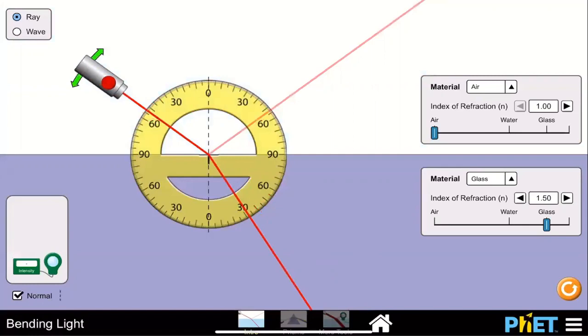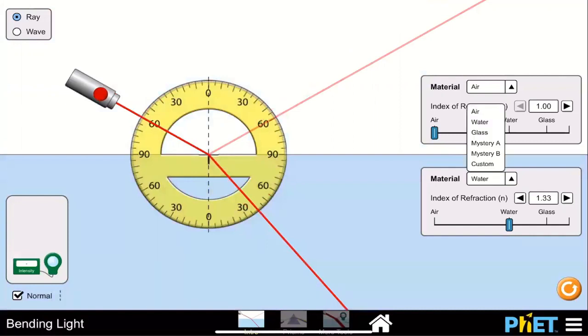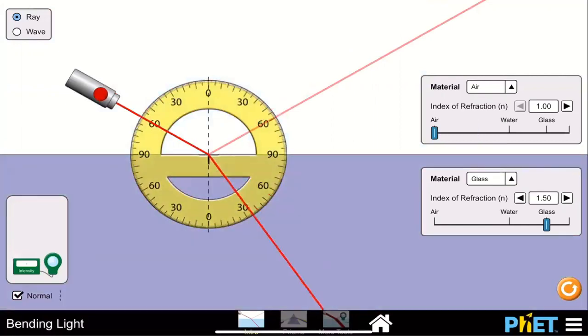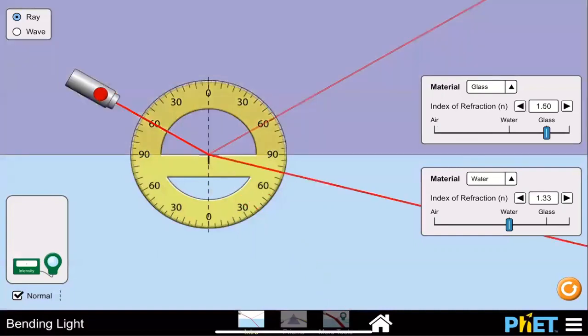I hope you have noticed what happened to the refracted light as we change the medium with different densities. There are changes happening between the angle of refraction and the angle of incidence.